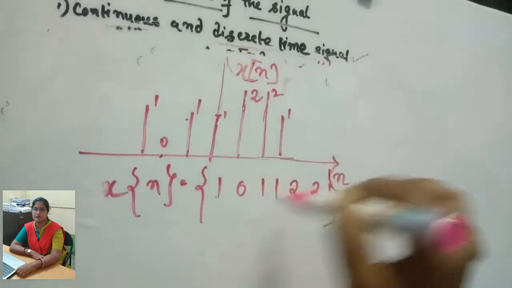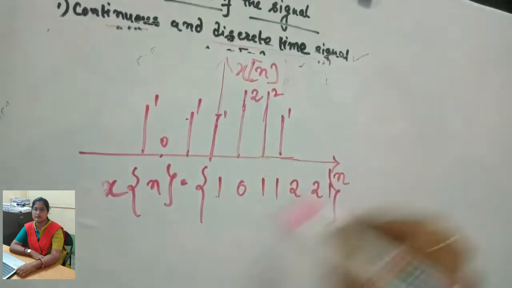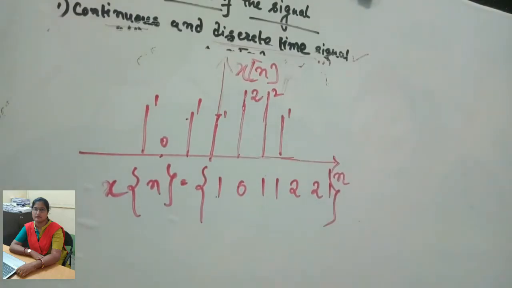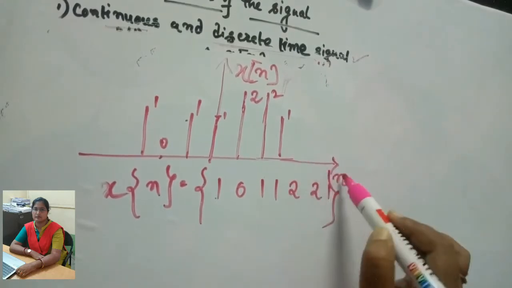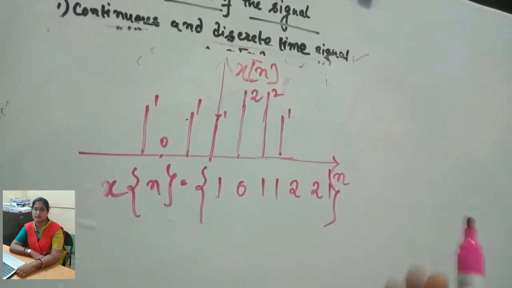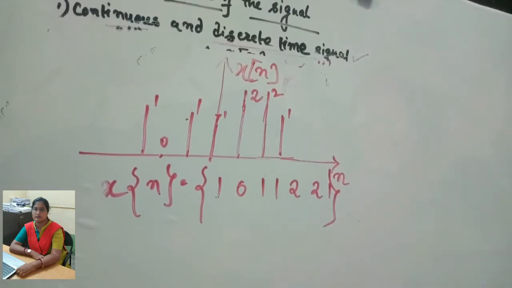But this equation is not complete. It is incomplete information. Why? Because in that equation we don't have any information for the time interval n or the integer value n. So at what time the amplitude value of the signal will appear is not specified in this graph or in this equation.